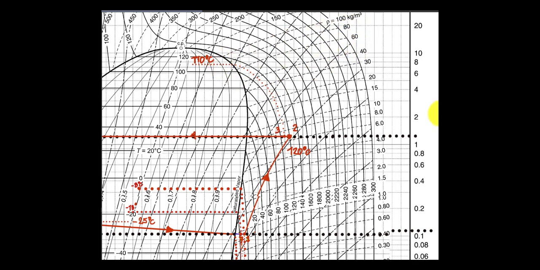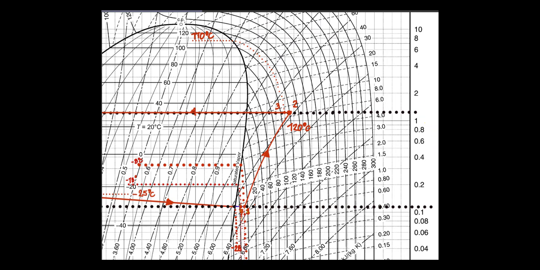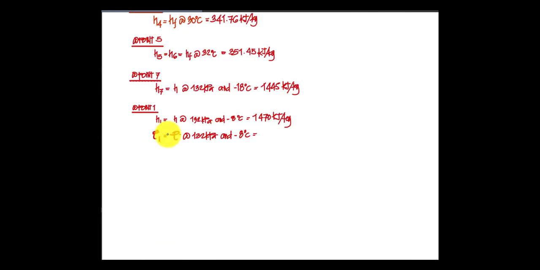You will notice it is in between 0.8 and 1, so we can assume this line is 0.9 for our density. So that will be 0.9, in units of kilogram per cubic meter.